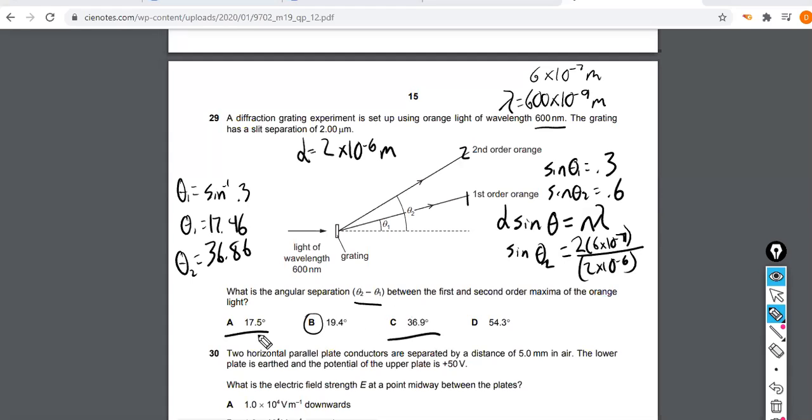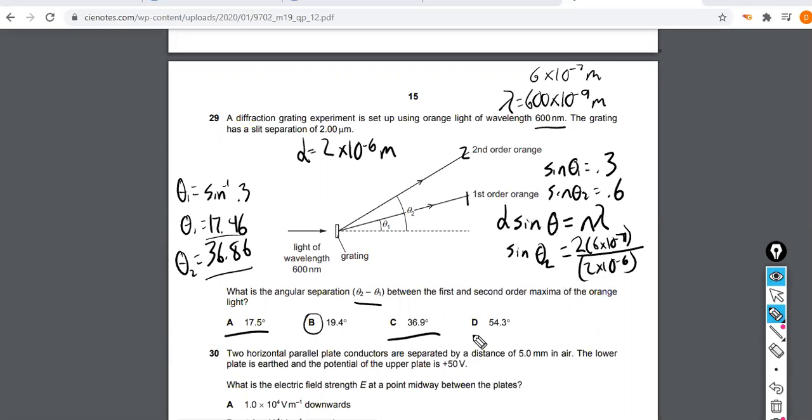See how these answers show up, because they're what you calculate along the way. If you were running out of time and didn't have time to reread the question, maybe you'd just add them, 36.86 plus 17.46, 54.3, and you didn't correct it.